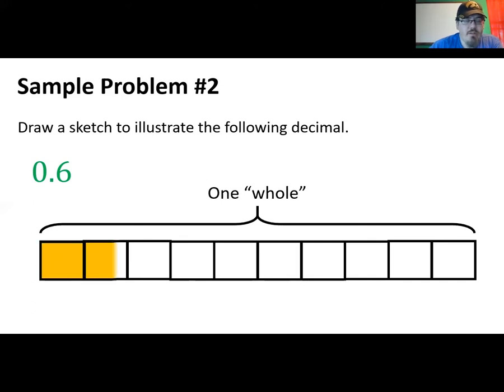So there's 1, 2, 3, 4, 5, and 6. That represents the part. So 6/10 is 6 out of 10 pieces. Again, we're always going back to that definition that a decimal, fraction, or percent represents part of the whole amount.